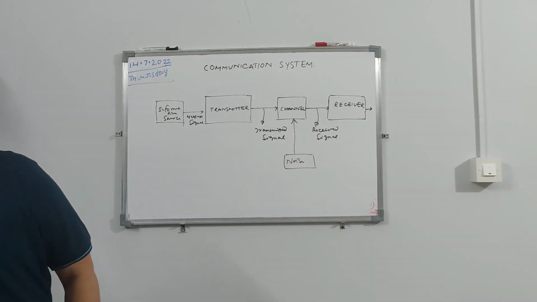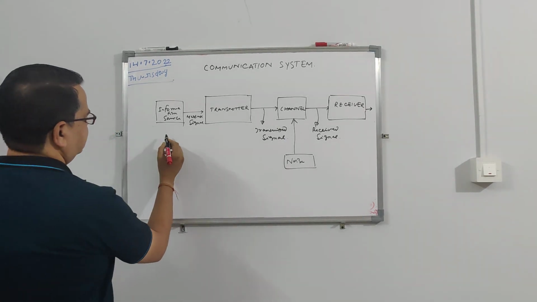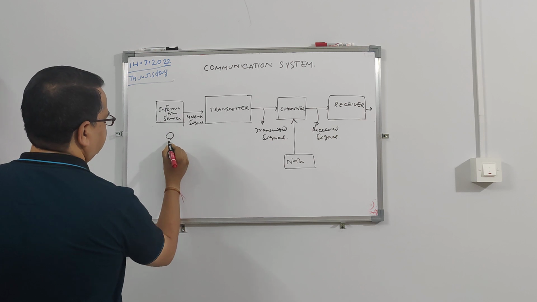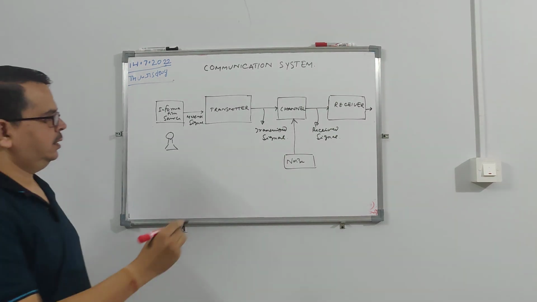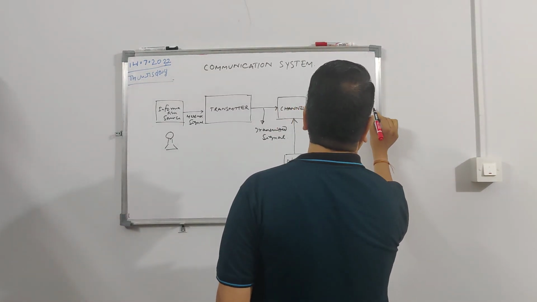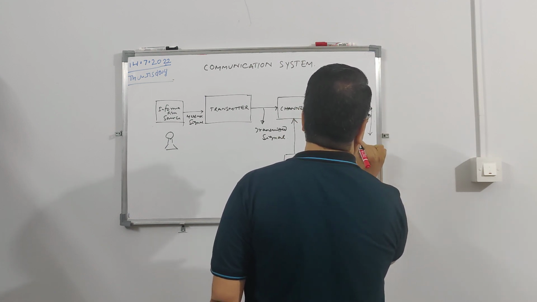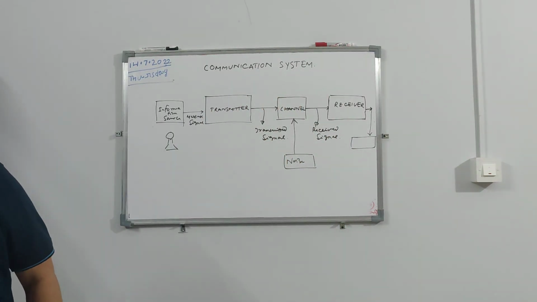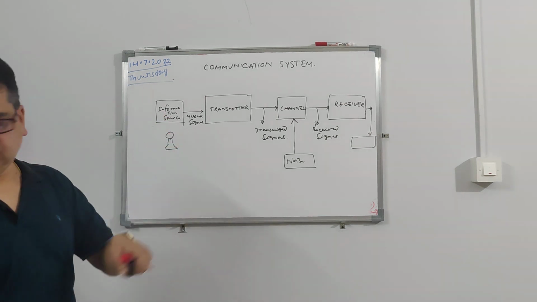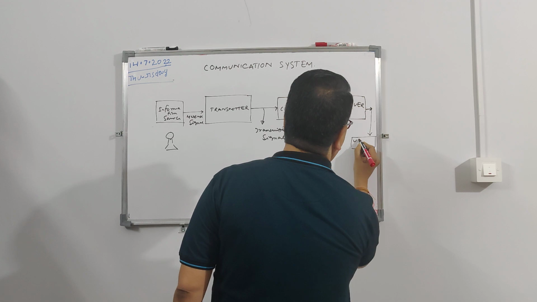Say somebody is here, again it is an information source, and then the user information.